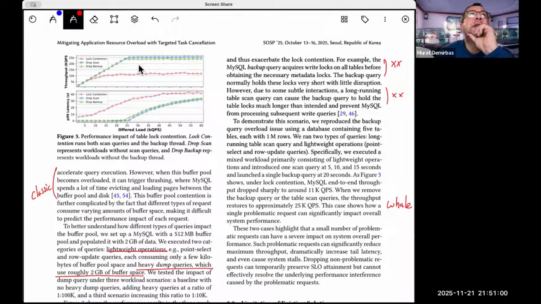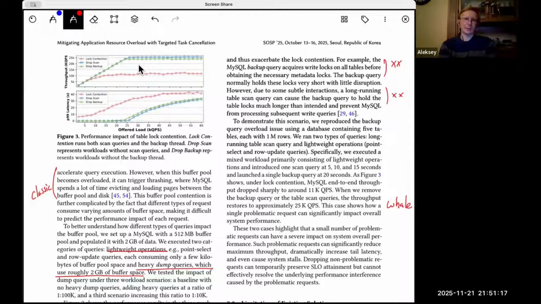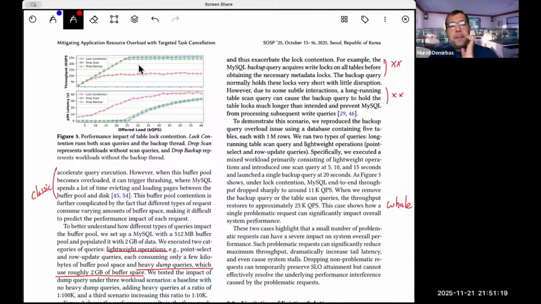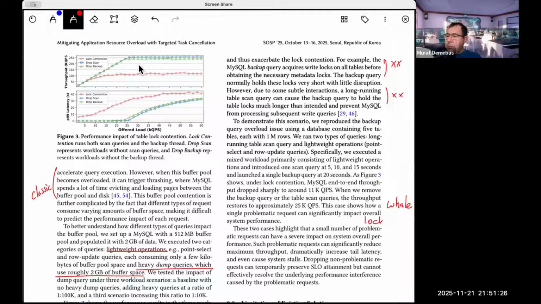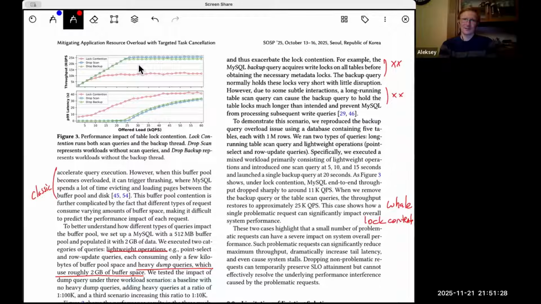These are two whales, and with just one you're fine. It's a locking issue, right? So this is a lock contention issue. It's not because these whales use a lot of CPU or RAM or whatnot. It's just locking.